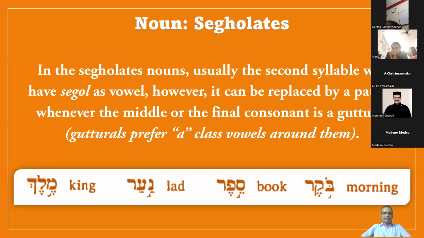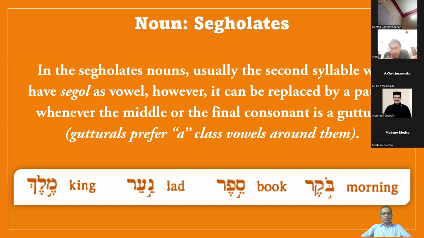The initial consonant is accented, carrying an A class vowel. The second syllable is carrying not segol, rather it is carrying pata. Why? Because either the second or the third consonant will be a guttural. In this case, both the second and third consonants are guttural.